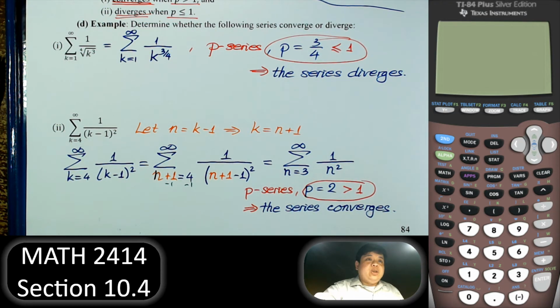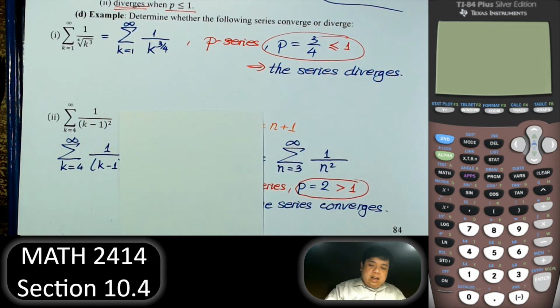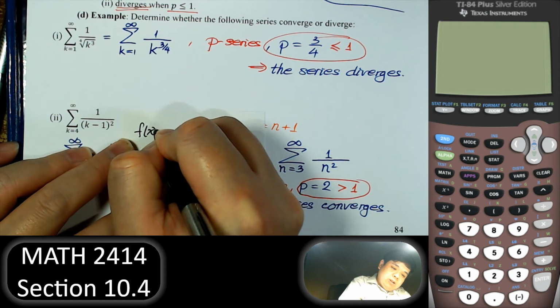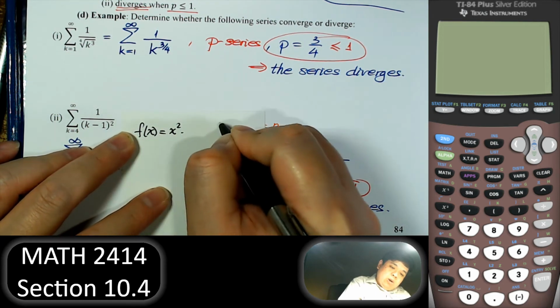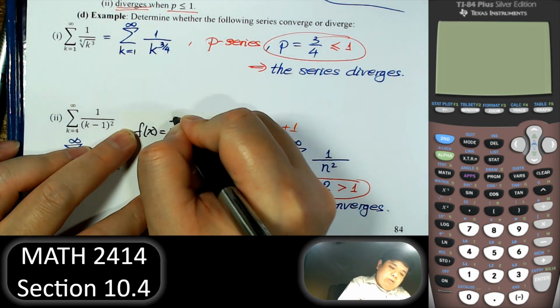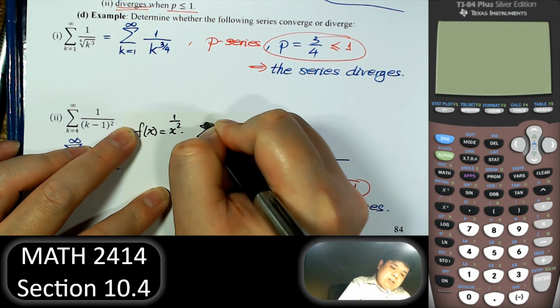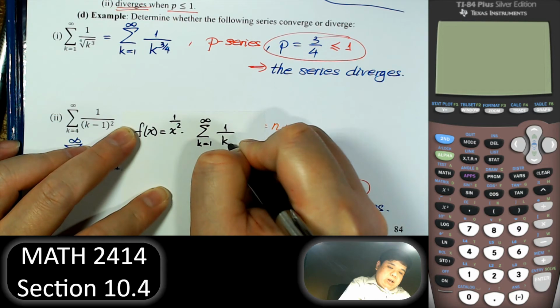By the way, let's use the integral test real quick. Let's say we want to do the integral test for 1 over x squared, or we say the series is 1 over k squared.